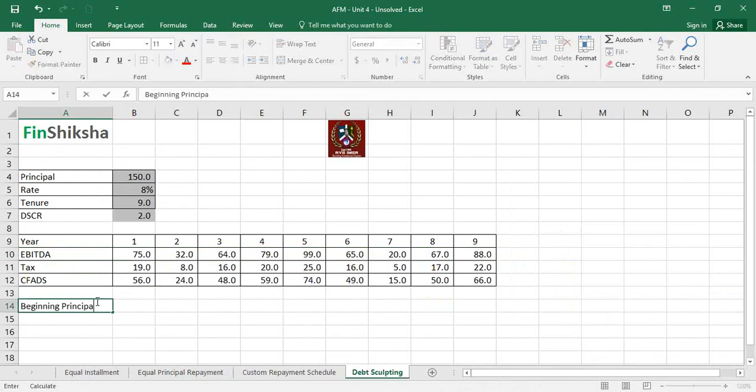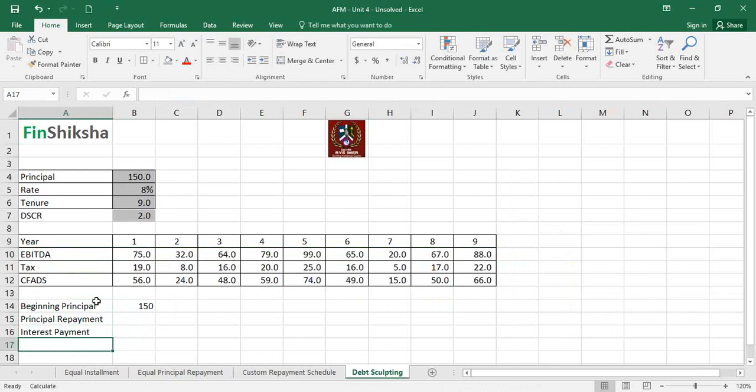Beginning principal is 150, right? I can calculate the interest. Let's put principal repayment and interest payment, and that would give me my total.